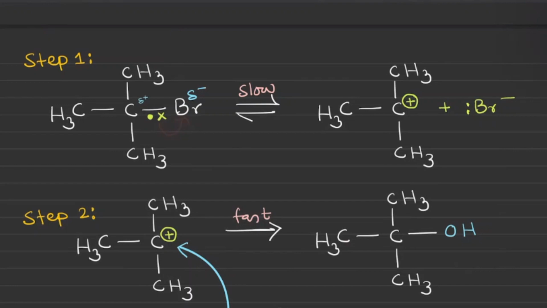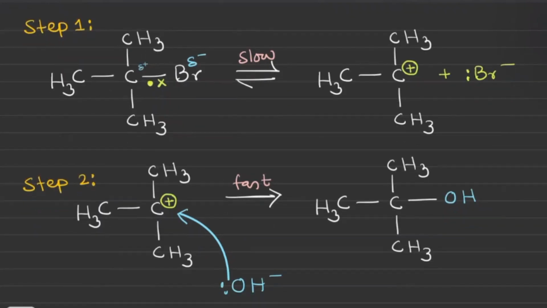But in a tertiary halogenoalkane, as this carbon is bonded to 3 other carbon atoms and all these 3 carbon atoms donate electrons to this central carbon, the positive charge of the carbon gets reduced. And if the positive charge of the carbon gets reduced, then it is possible for the bromine to pull away the electrons from the carbon-bromine bond and undergo heterolytic bond fission.